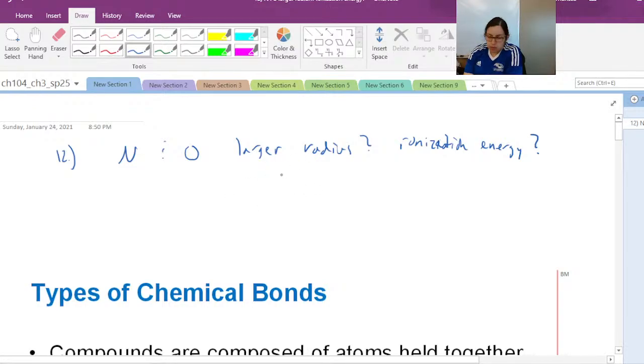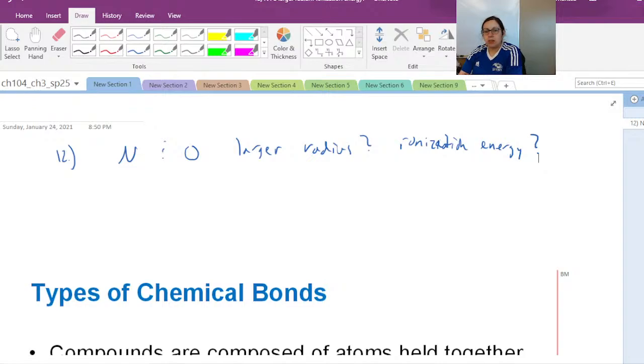We can look at them on the periodic table. They're right next to each other. Which has the largest radius just by trend? Check the trend. Remember, it decreases as we go across, filling. So which one's the larger one?